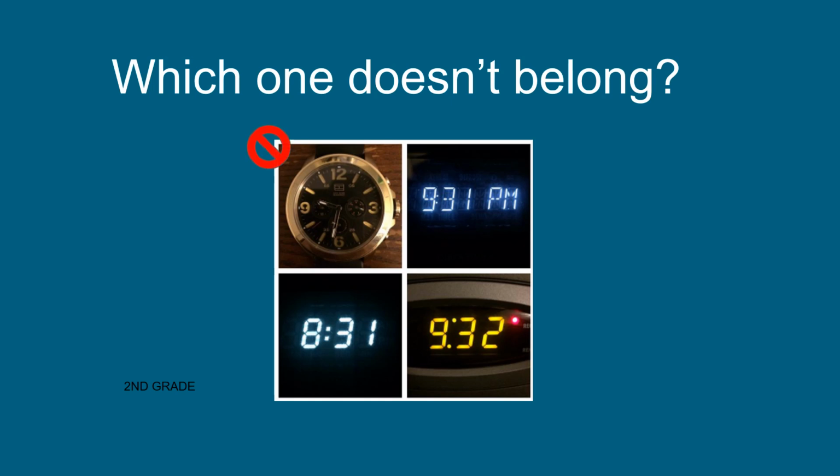The first picture doesn't belong because it is an analog clock and all of the others are digital clocks. The second picture doesn't belong because it is the only one that shows AM or PM information. The third picture doesn't belong because it is showing time at the 8 o'clock hour, and all of the others show a time that is during the 9 o'clock hour.